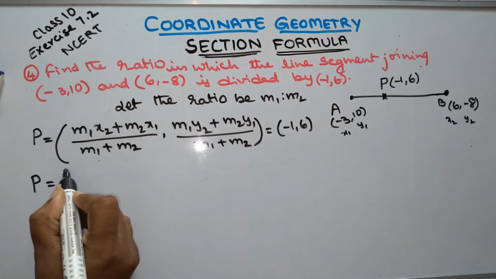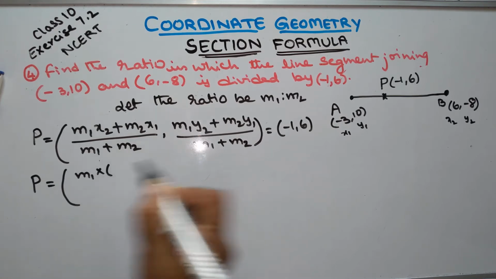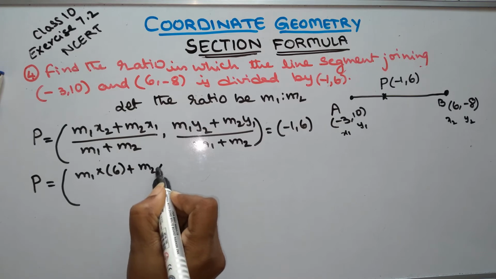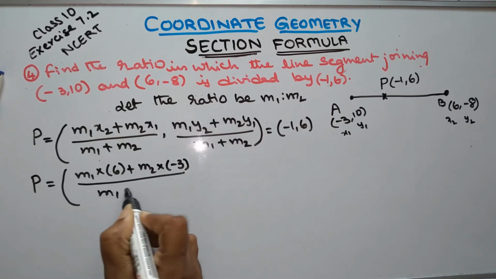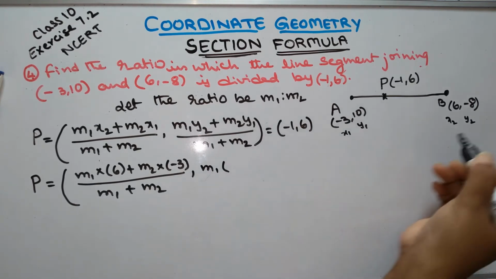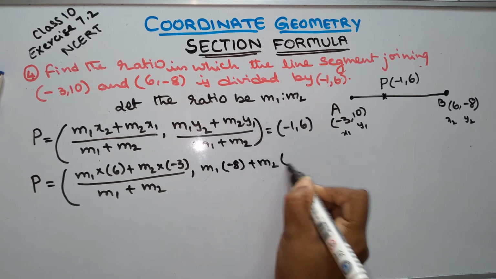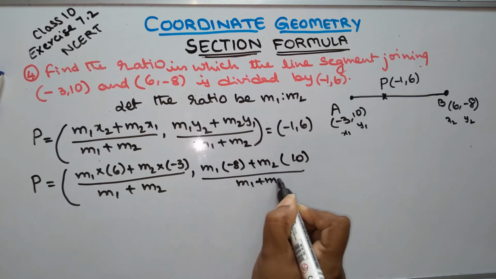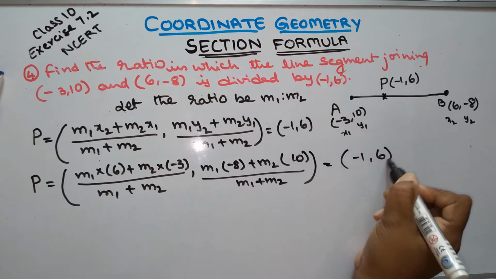So P is equal to M1 into x2, that is 6, plus M2 into x1, that is -3, by M1 plus M2, comma M1 y2, that is -8, plus M2 y1, that is 10, by M1 plus M2, and this is equal to (-1, 6).